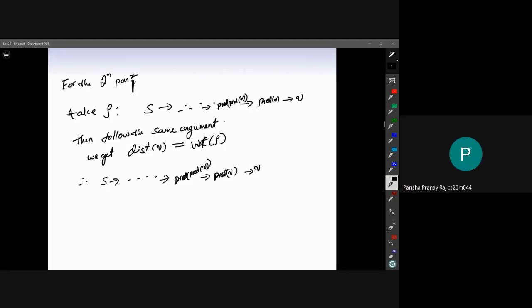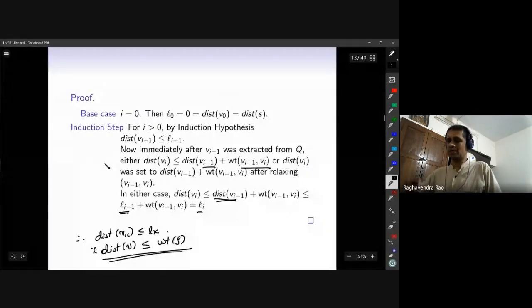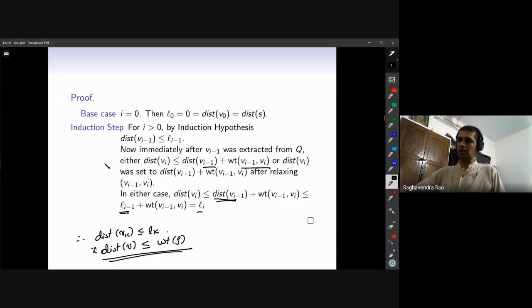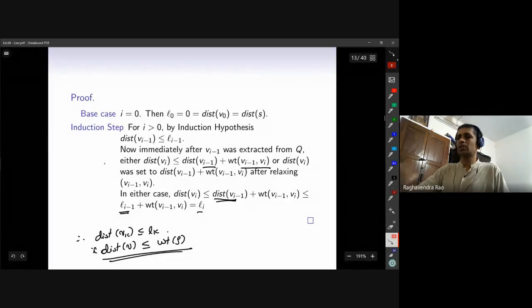Sir, can you describe how you wrote this equality here? We get distance of V is equal to weight of rho. Yeah, so you just go with the argument, right? If we had taken rho as this particular path, then this will happen with equality, because you would have had edge vi minus 1 comma vi as tense. The reason it would have been tense is that the predecessor of vi is set as vi minus 1, right?